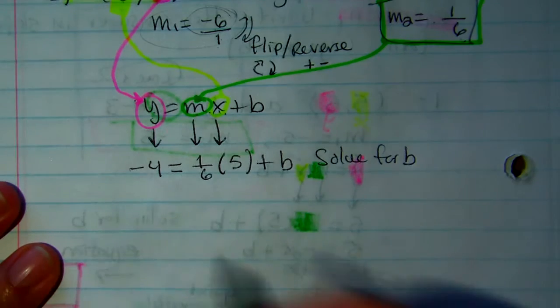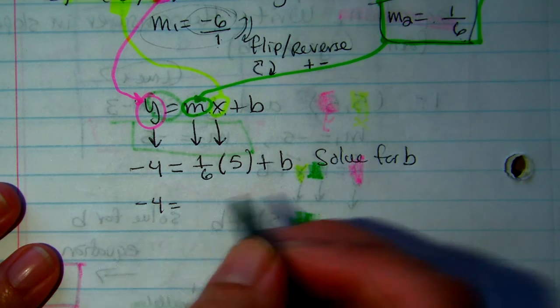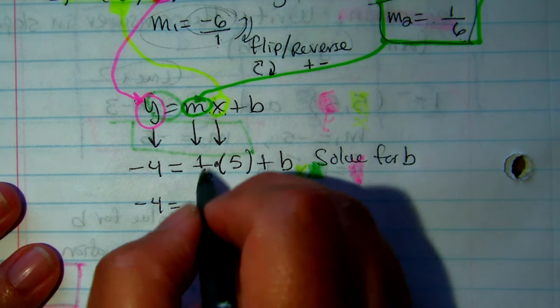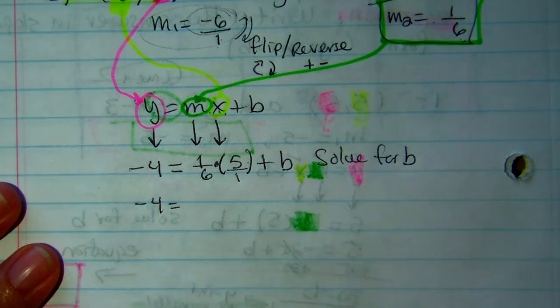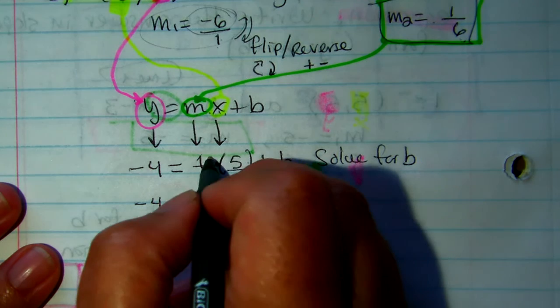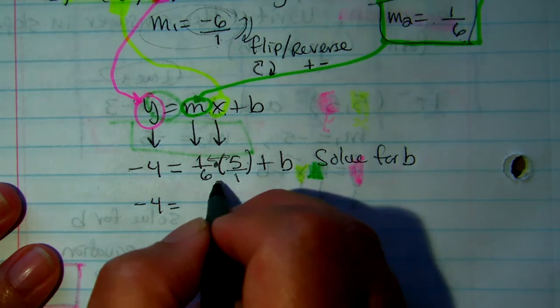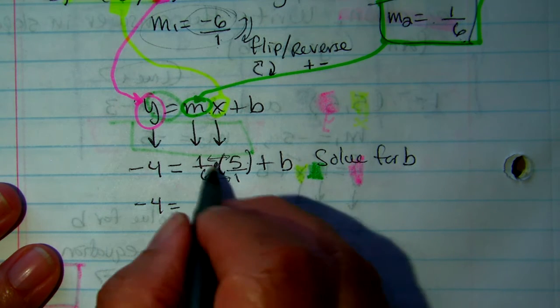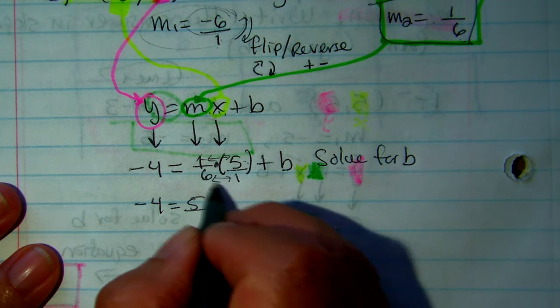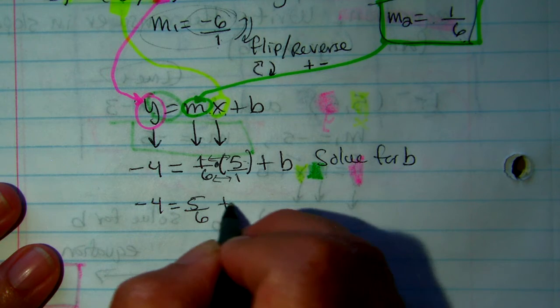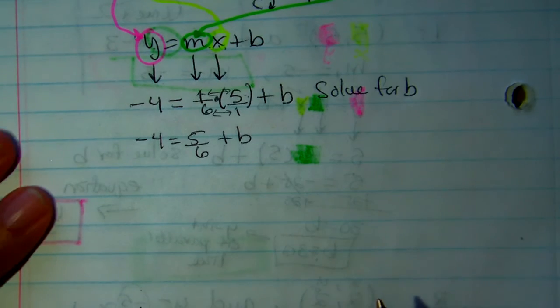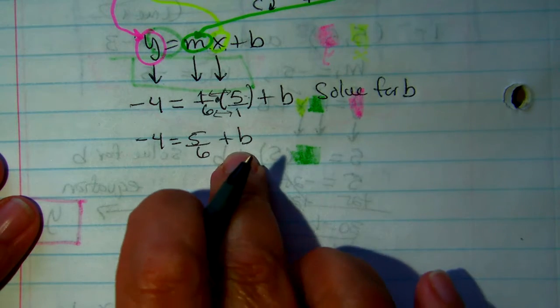So we have negative 4 equals. If we multiply 1/6 times 5, we have to put 5 over 1, that way we multiply numerators with numerators, denominators with denominators. So 1 times 5 is 5, 6 times 1 is 6, plus b. We need to solve for b.